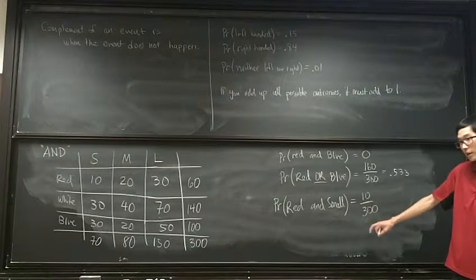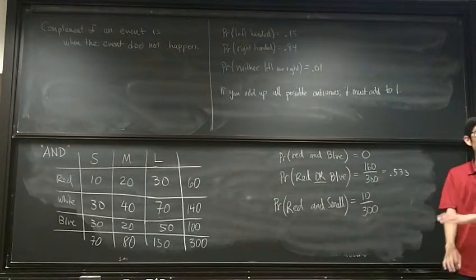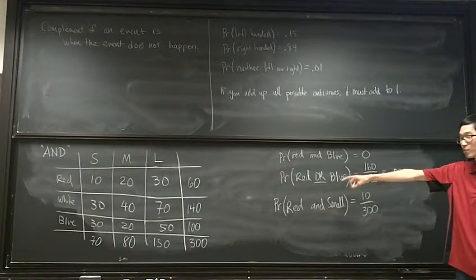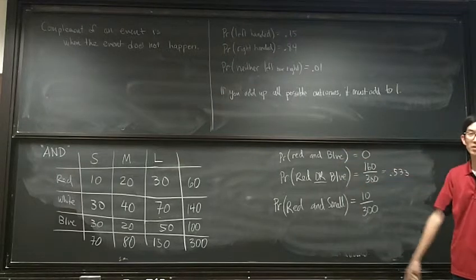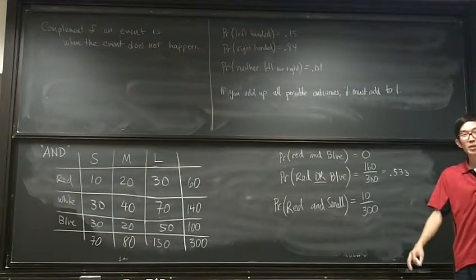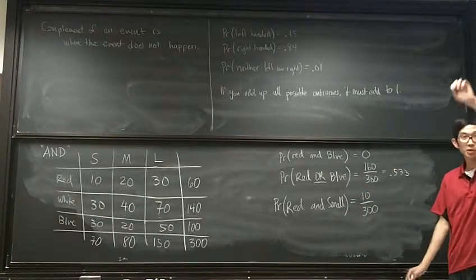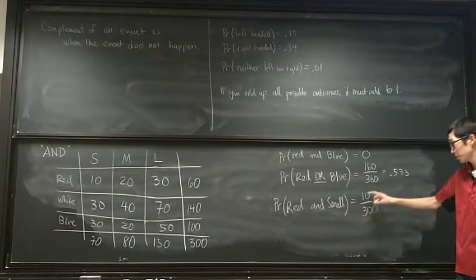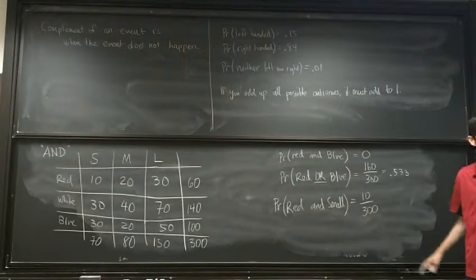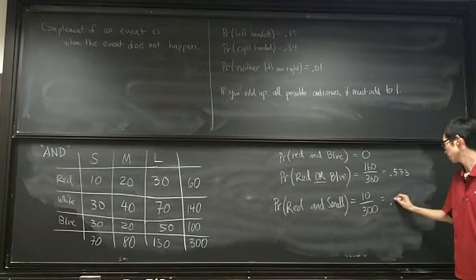There's 300 shirts here, and 10 of them are small red shirts. So if I pick one at random, what's the probability that I'm gonna get a small red shirt? There's only 10 out of 300. So that's like 0.0333.